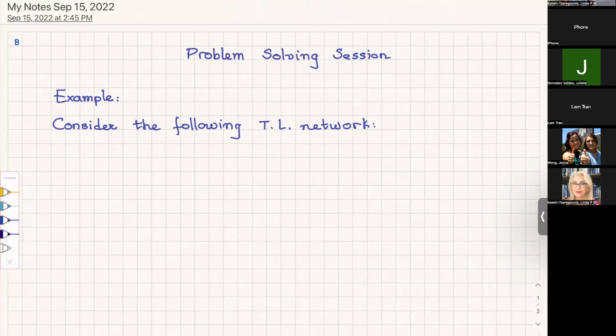All right, so here I have this network, and in here we have two transmission lines.